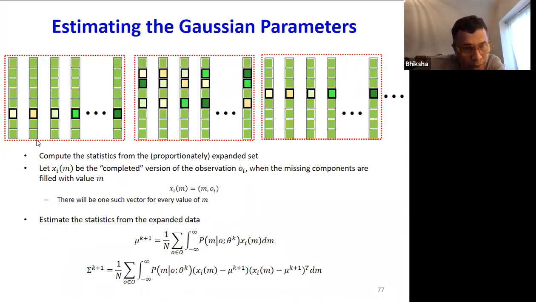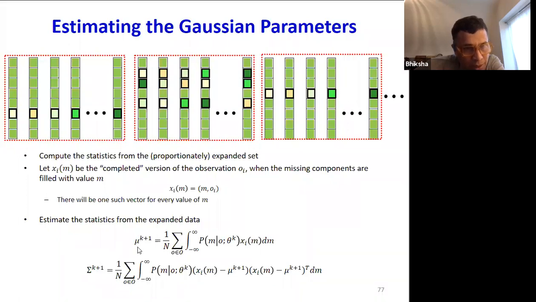When I take the average of this block over here, I'm taking the average of all of the completed vectors. In all of the completed vectors, the observed component remains fixed, but the missing component occurs in proportion to P of M given O. So this formula is taking the average of all of these values where the observed components are all identical, but the missing component takes different values, different proportions of the time.